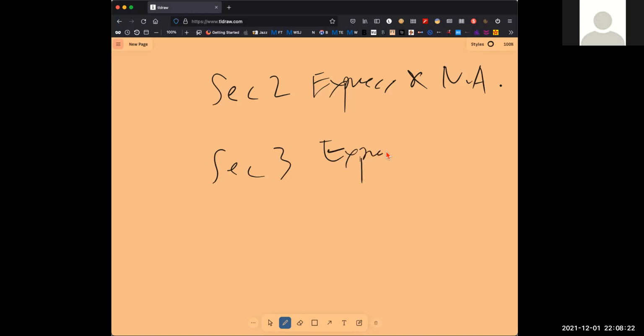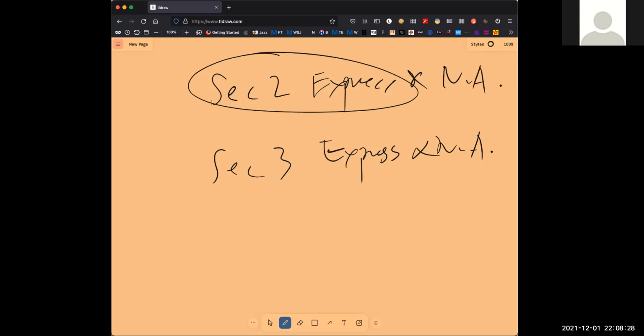Since you are going to Sec 3 normal CAD, right? In fact, Sec 2 express is harder than Sec 2 NA. If you do Sec 2 express, it will cover a bit of Sec 3 NA. So I'm also teaching you some of the Sec 3 NA stuff.